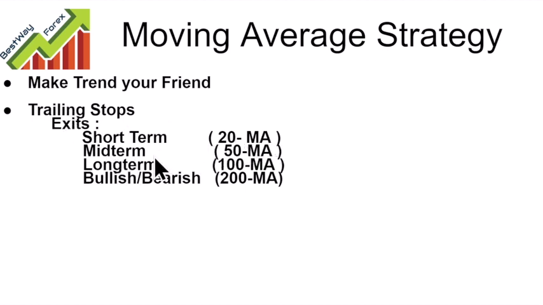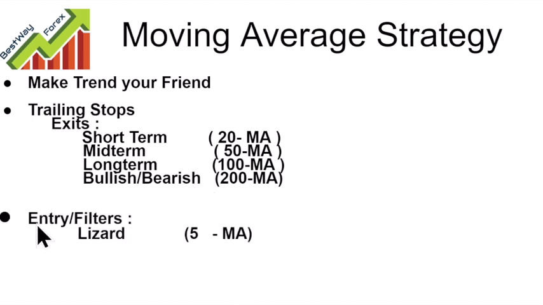Those who are mid-term, for example swing traders, can use the 50 MA as their trailing stop, and long term they can use the 100. And we said that the 200 MA we use for identifying the bullish and bearish condition of that asset. That is for the significant psychological level that it has.